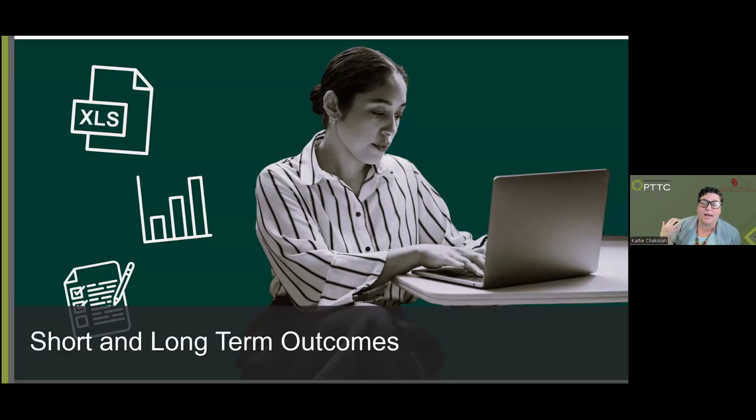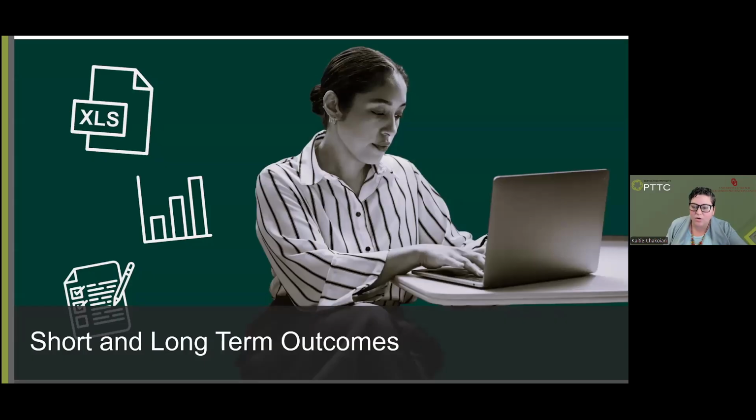Long-term outcomes might look at changes in conditions and policies or in organizational structure. So, for example, a short-term outcome for a smoking prevention program for teenagers might be the number of teens who report that they do not plan to start smoking. That's an attitude piece, right? An intermediate outcome could be the number of teens who report not smoking at 6 months after that program ended.